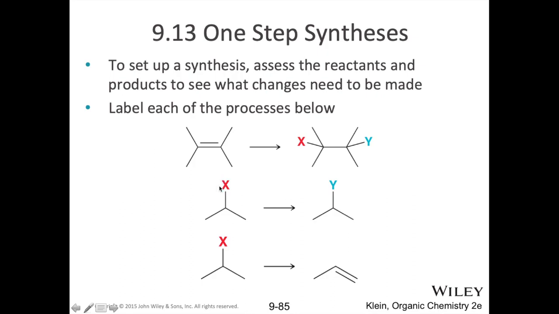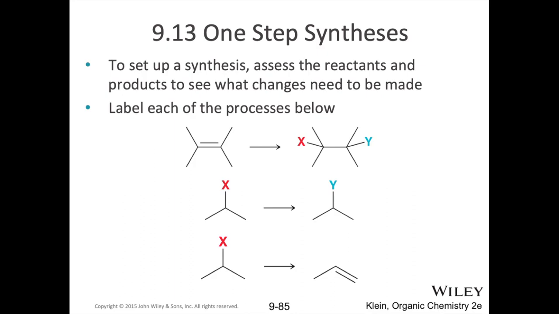Two chapters ago, we looked at substitution reactions where we can swap out one group for another. And then, of course, in the last chapter, we saw elimination reactions where we can eliminate a leaving group and a beta hydrogen to form an alkene. So basically the reverse of our addition reactions. Keep in mind that these are all tools we can use to make molecules that we want.